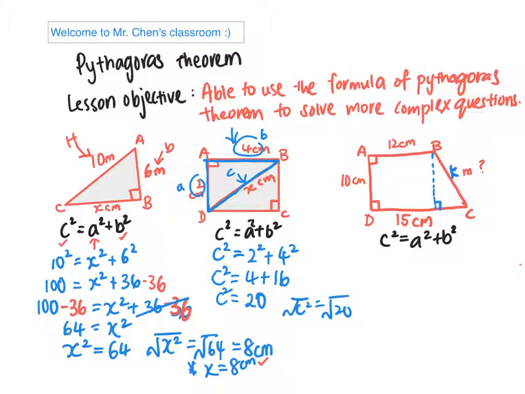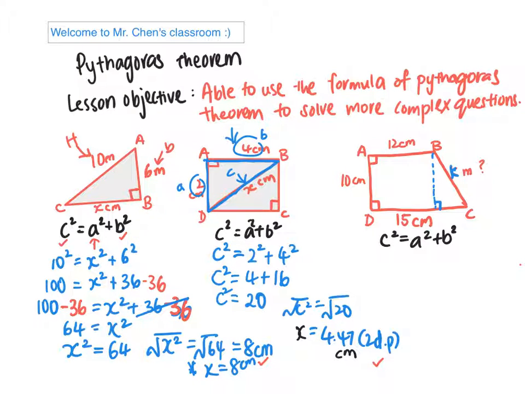So the square root of 20 will be 4.47, 2 decimal places. So that will be your x. At the end, your x is equal to 4.47 centimeters.